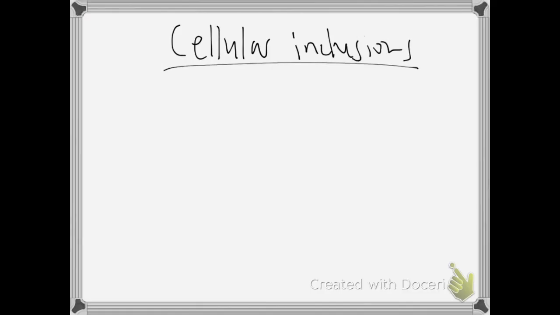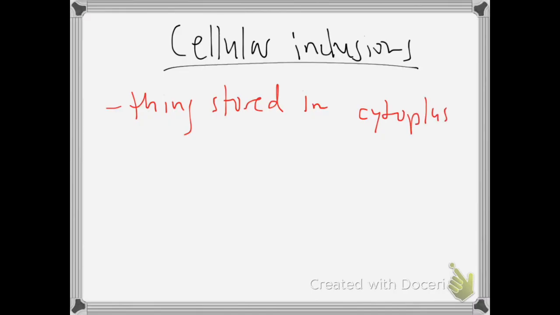So let's put a topic, cellular inclusion. So cellular inclusions are things stored in the cytoplasm. And he gave us a few different examples. So glycogen is a cellular inclusion in muscle cells.